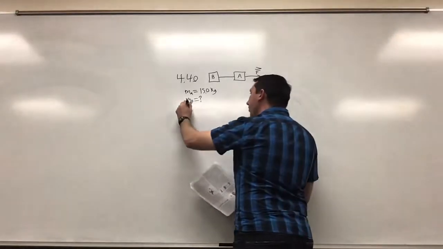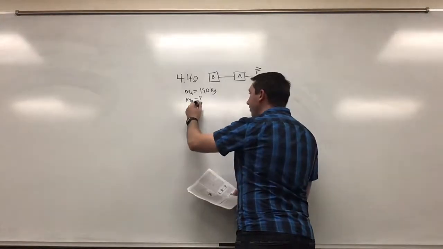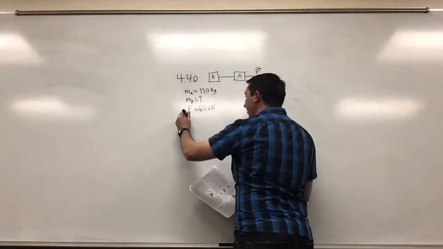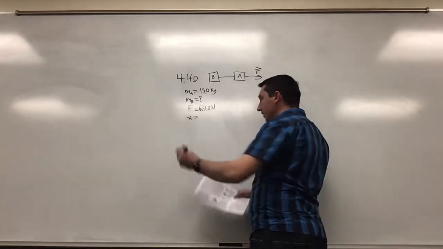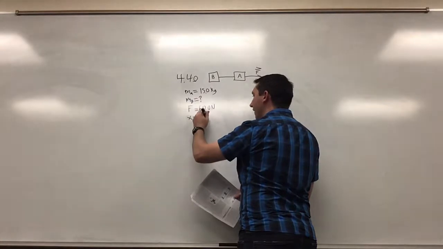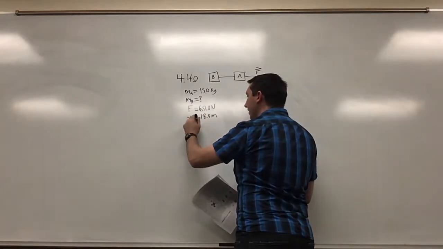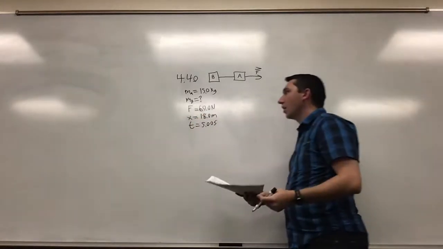And we know that the force applied is 60 newtons. We know that it travels a distance of 18 meters. They both travel that far in a time of 5 seconds.